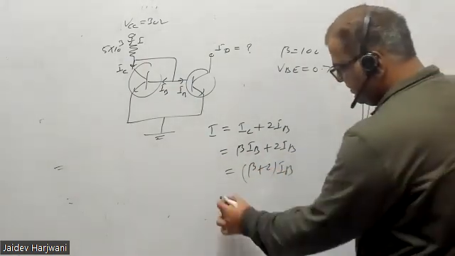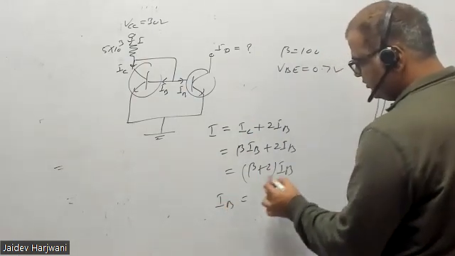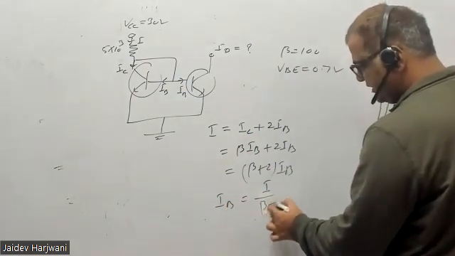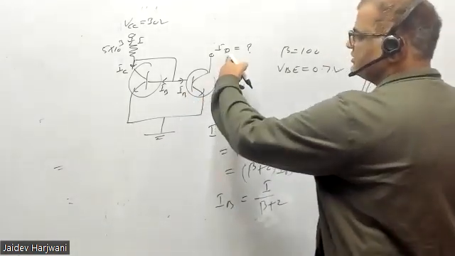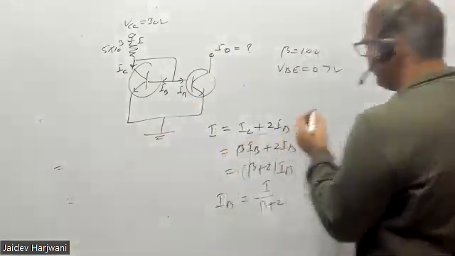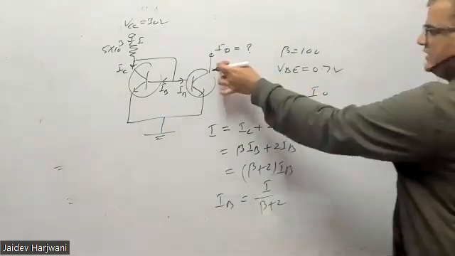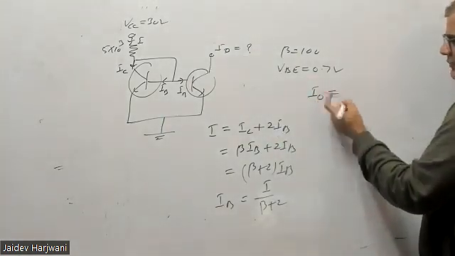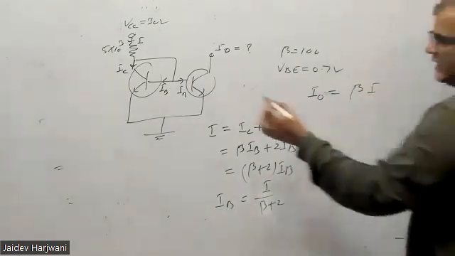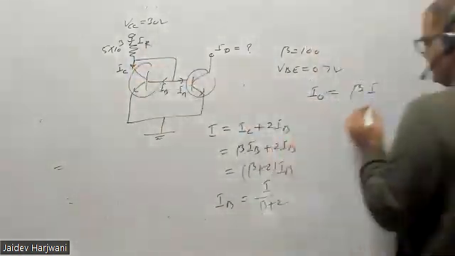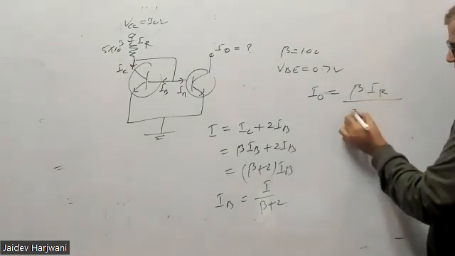Okay. So my IB will be equal to what? IB will be equal to I upon beta plus 2. So that means if I know IB, automatically I know what is the I naught. So my I naught will be what? I naught here is IC. So here I naught will be my beta IB. That means this will be beta I upon beta plus 2, and I will call this a reference current. Reference current times beta upon beta plus 2.